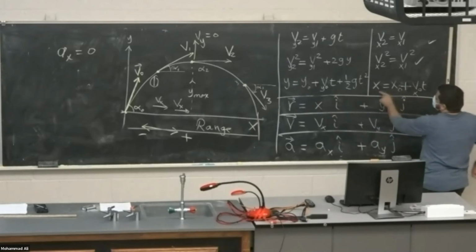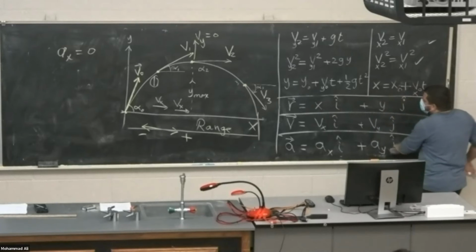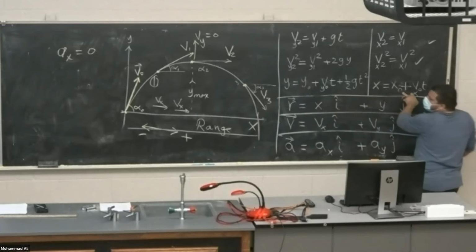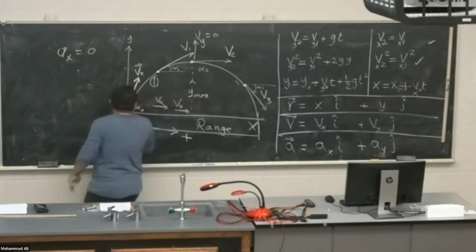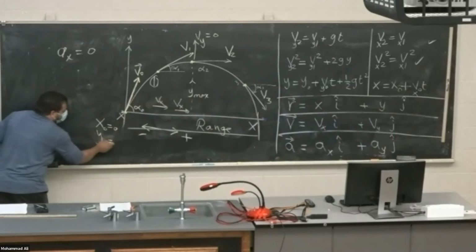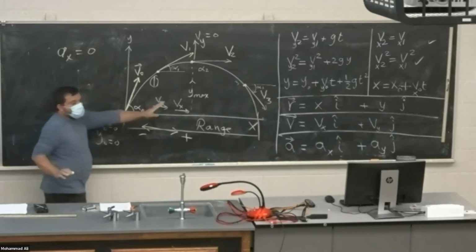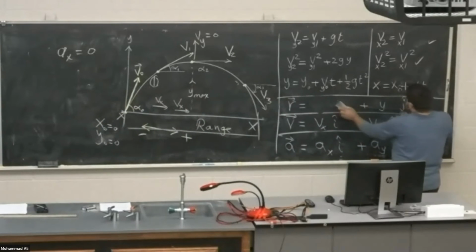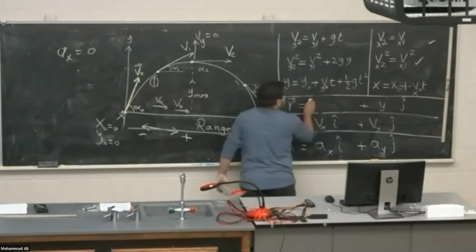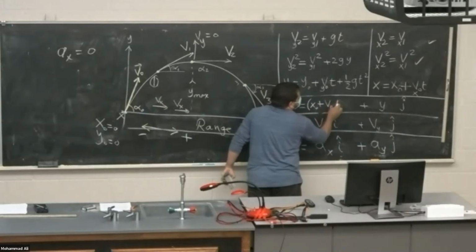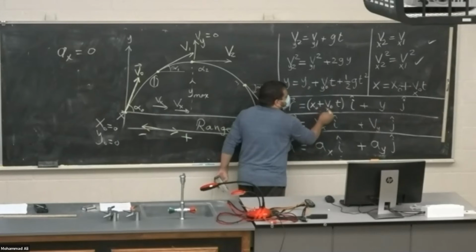This is x. So we can put x equal to x naught, and at this point you can assume x naught equal to 0 and y naught equal to 0 if you like, but I will keep it here. So I have r is x naught plus v naught t in x direction. This is Vx.